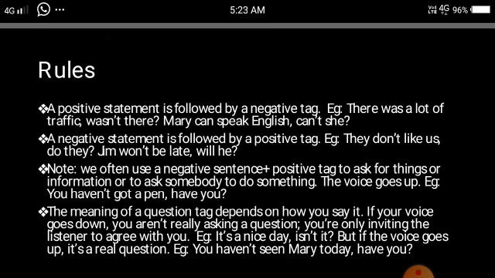To the given statement, the positive helping verb can is converted to the negative form cannot, can't. Mary is the noun. You have to convert it to the pronoun. Make it can't she. So Mary can speak English. A positive statement is followed by a negative question tag, can't she.